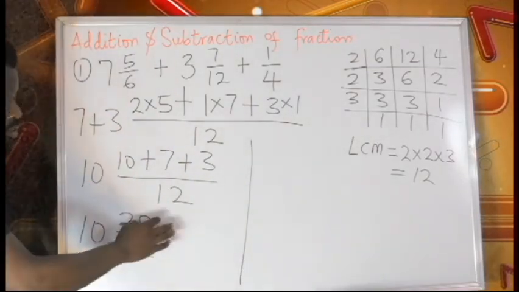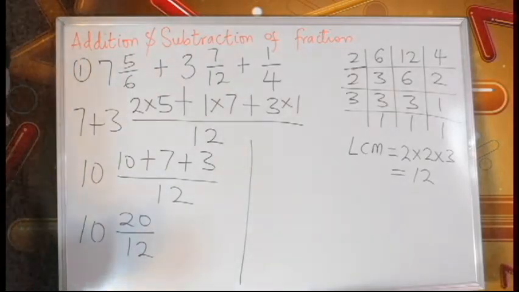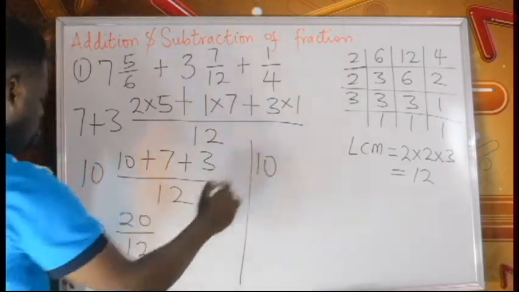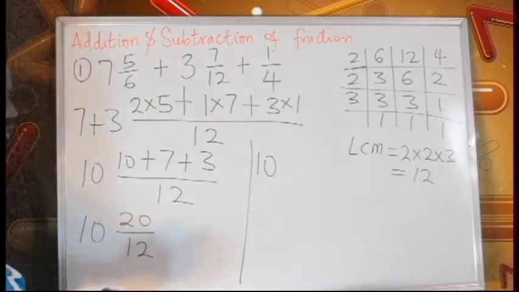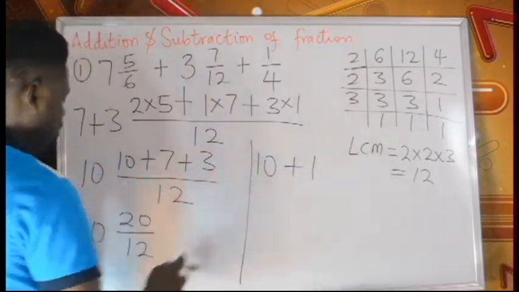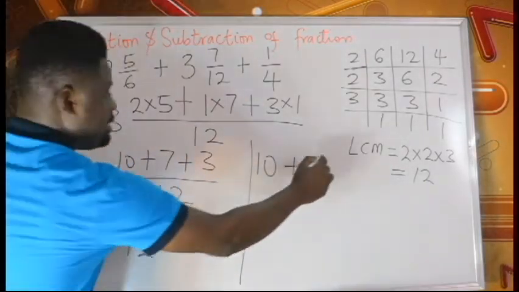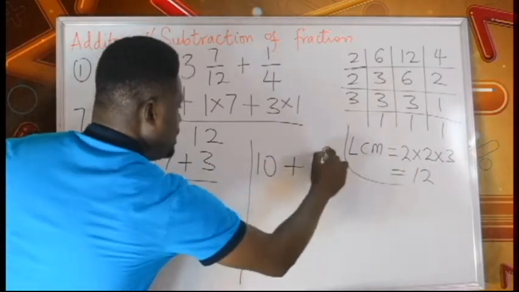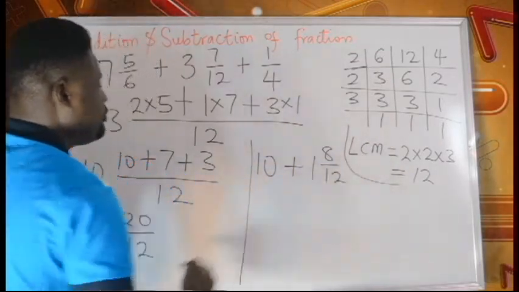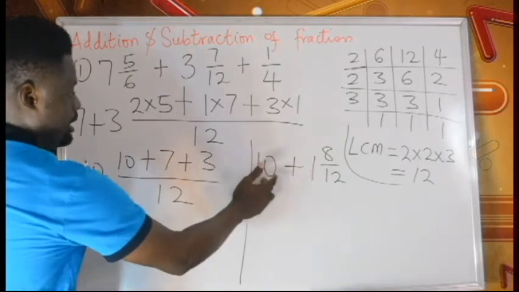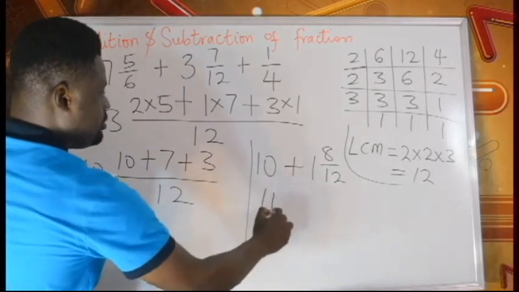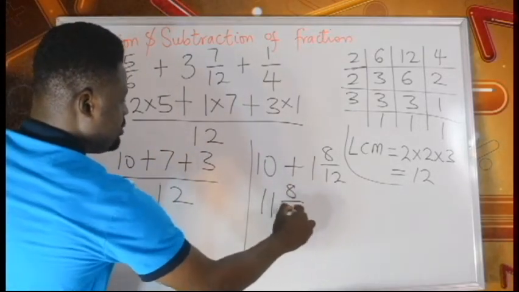So 12 will go into 20 just once. So we have your 10 whole number, 12 in 20, 1, remainder 8. 8 over 12. So 10 plus 1, 11, and 8 over 12.